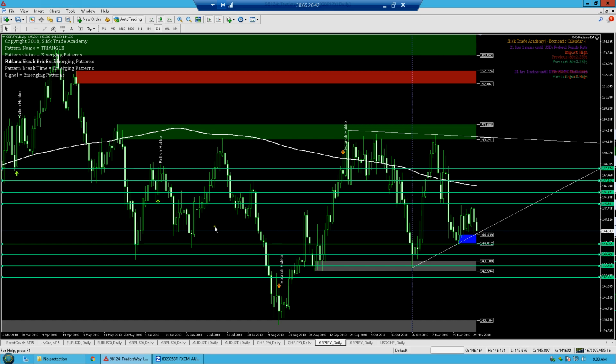For example, here, see this small little candle body, long tail, but price did not actually close below that level. Okay, you want the body of the candle to actually close.